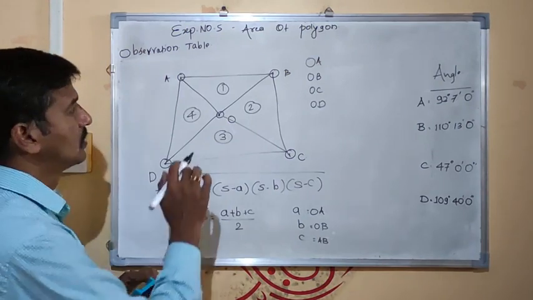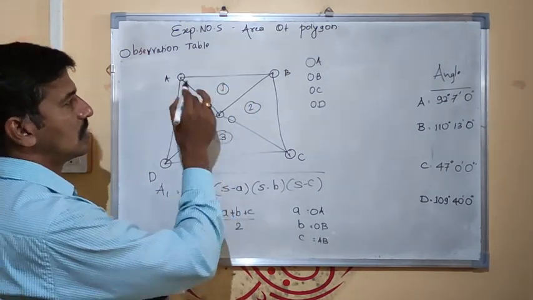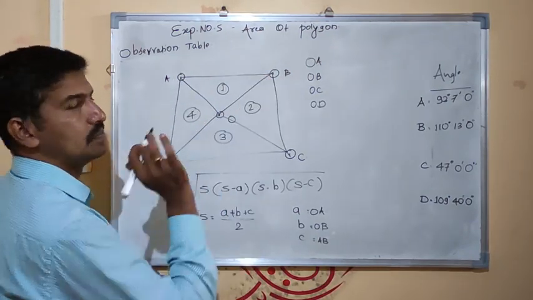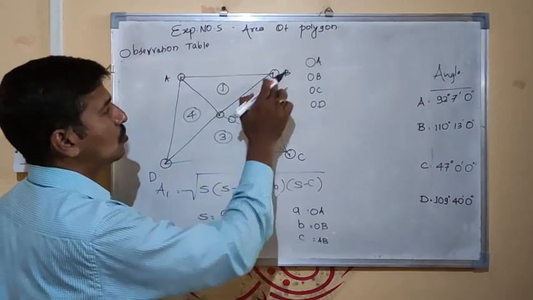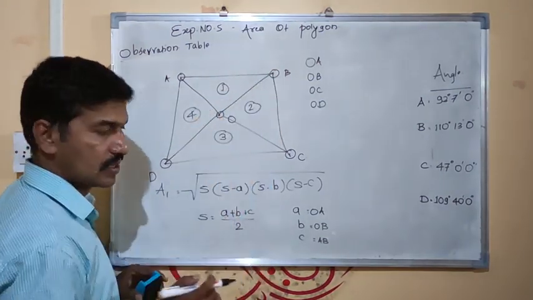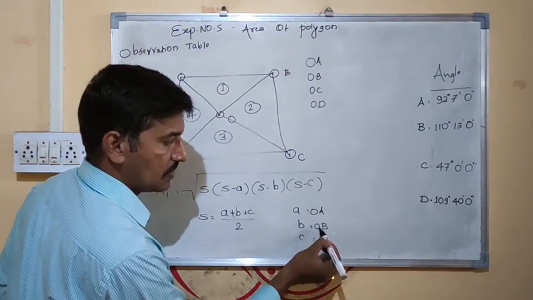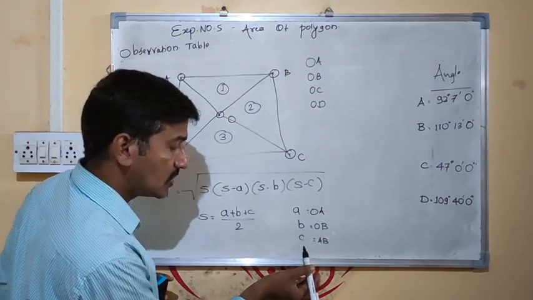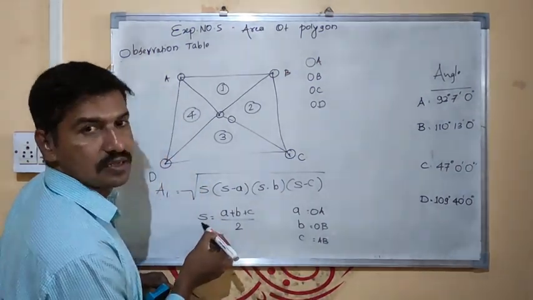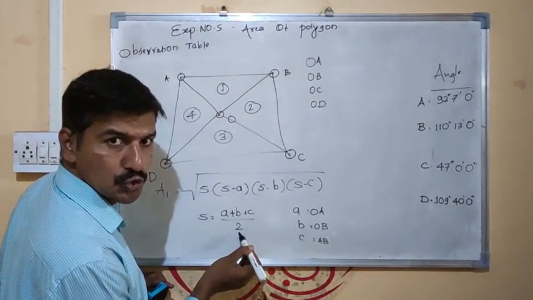What I have done is I have just considered only one triangle, AOB. In this triangle, these are the 3 sides, OA, OB and AB. Let us say OA is equal to A, OB is equal to B and AB is equal to C, and S can be found out by the formula (A plus B plus C) divided by 2.